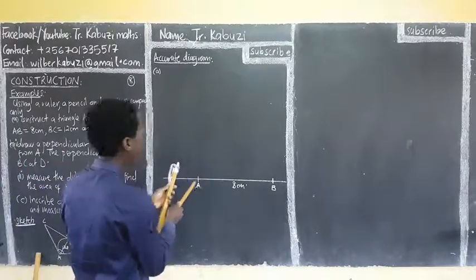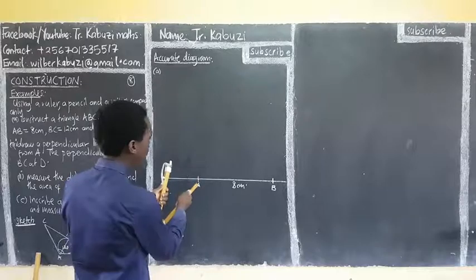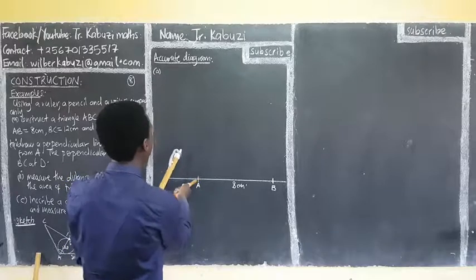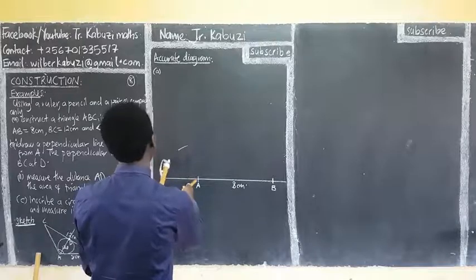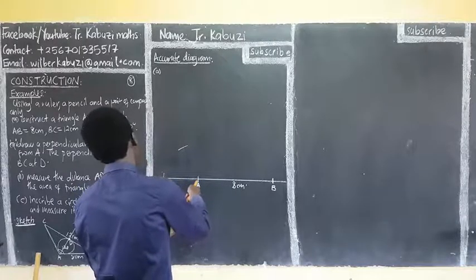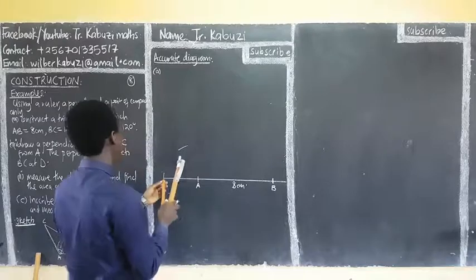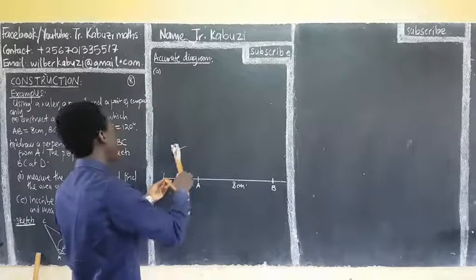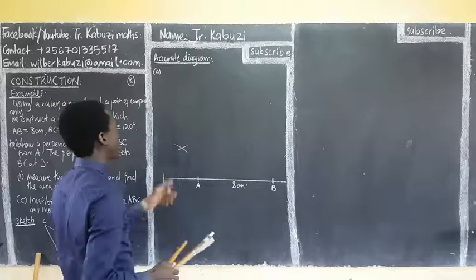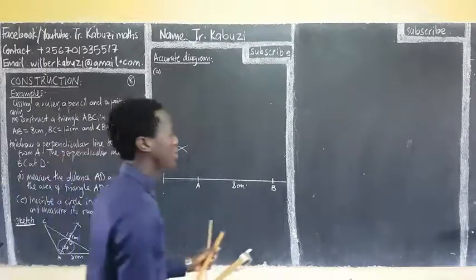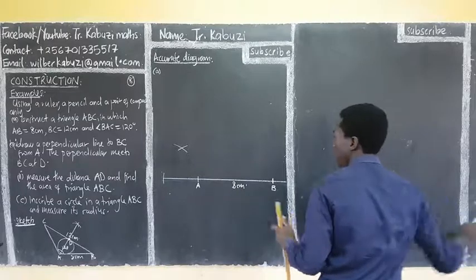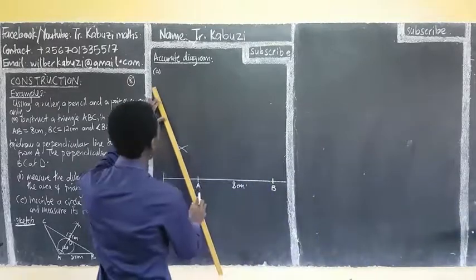I put my pointer here and draw an arc up there, and also down there. Then I put it here and draw another arc up there. Where the two meet is where my line is going to pass.